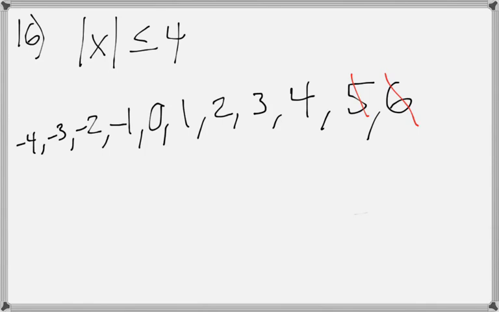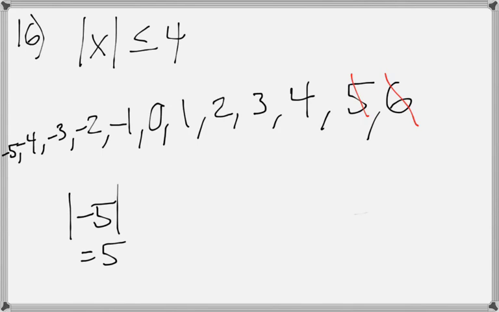It is equal to. Now, negative 5, if you were to not have an absolute value here, negative 5 would be less than 4. But the absolute value takes that negative away. So, again, if we look at the absolute value of 5, that's just 5. And that is not less than 4.